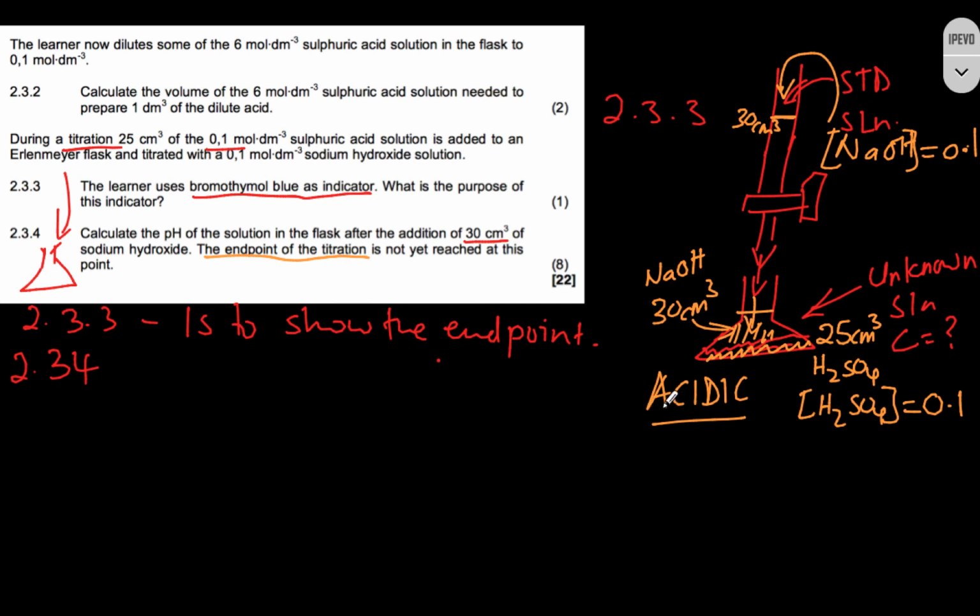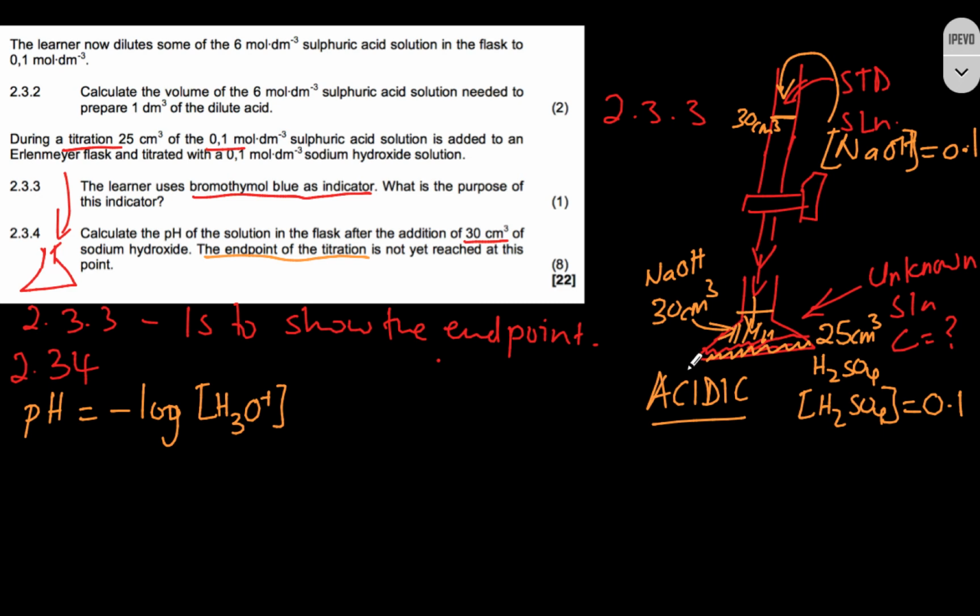Now, let's continue. So, for us to calculate the pH of a solution, we know that pH is equal to the negative logarithm of the concentration of the oxonium ions. So we need first to find this concentration of the protons or oxonium ions from all this information.